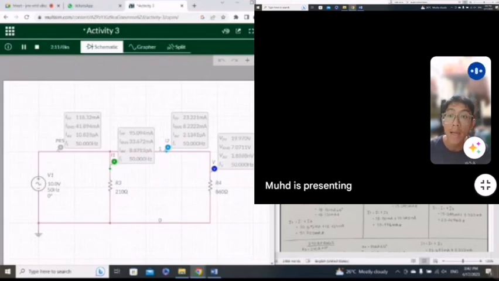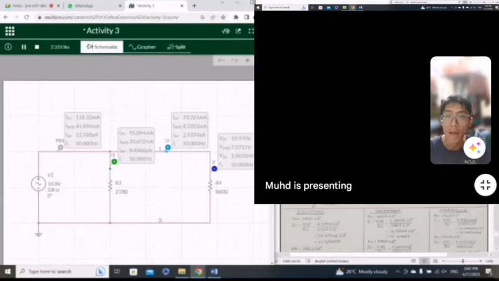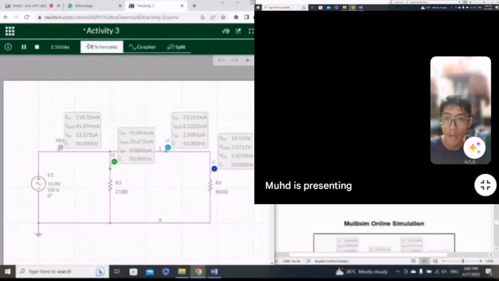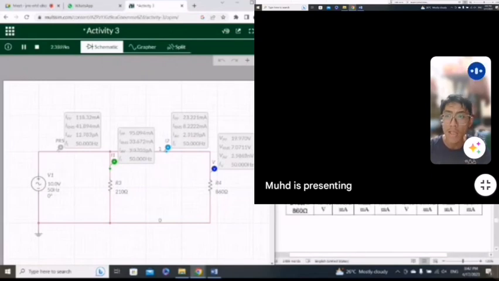So it will get I1. I will take the first answer, which gets the value 33.672 milliampere, and the answer from manual calculation and the measurement is the same. Okay, so I will continue to the next activity.